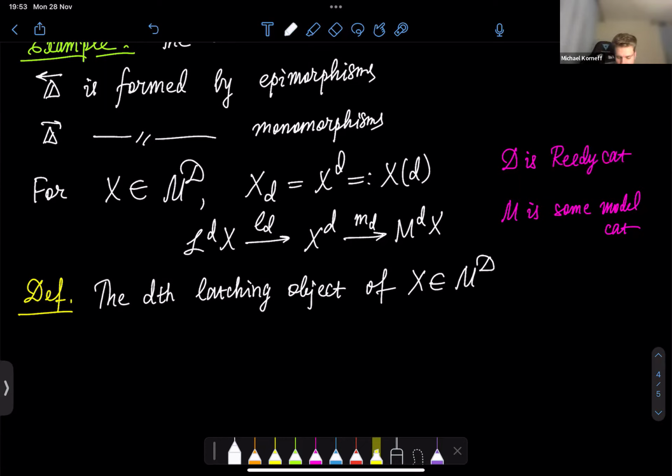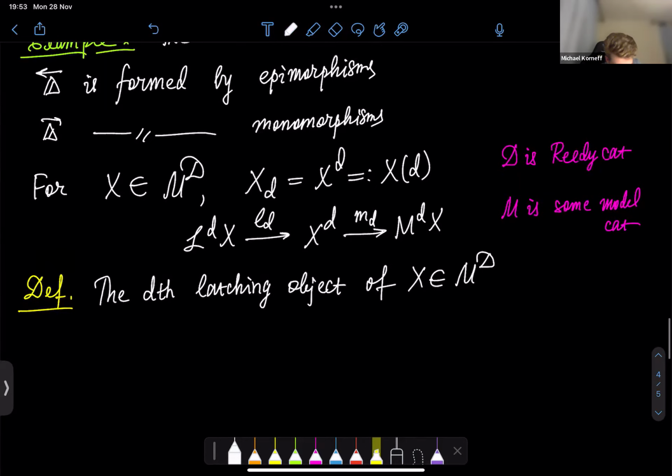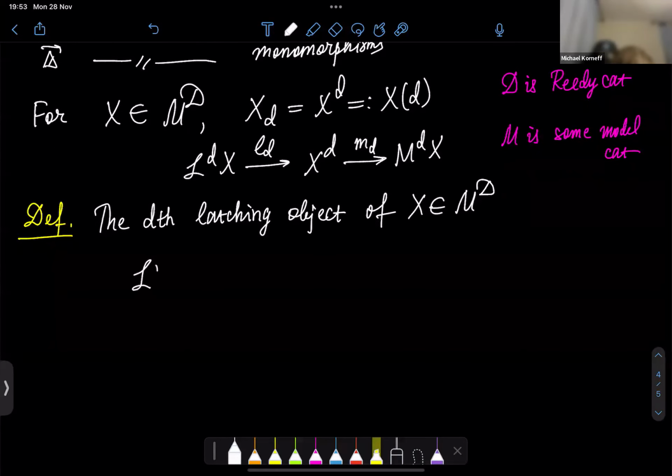The dth latching object of X is the following colimit: the colimit of the composition of these functors.